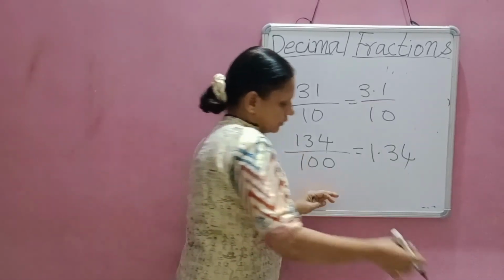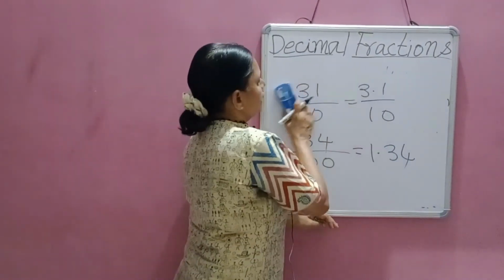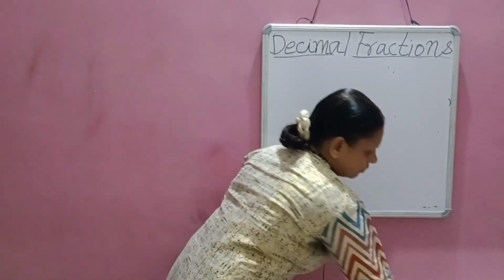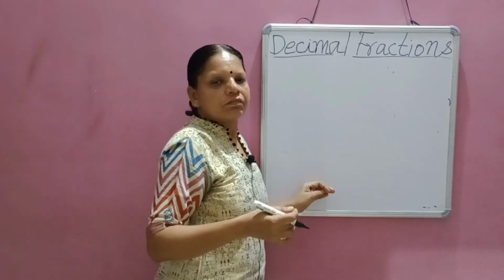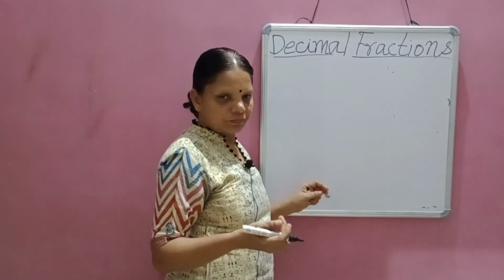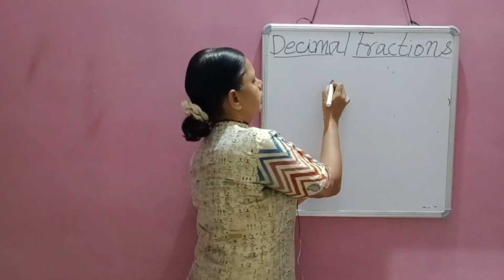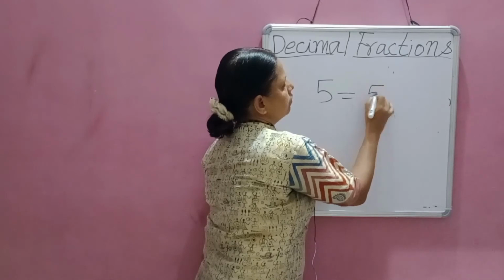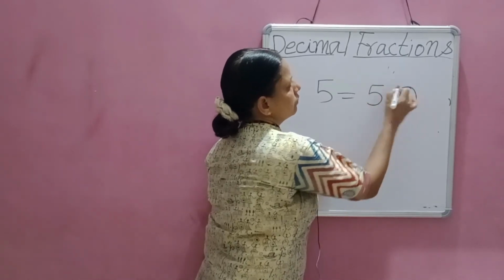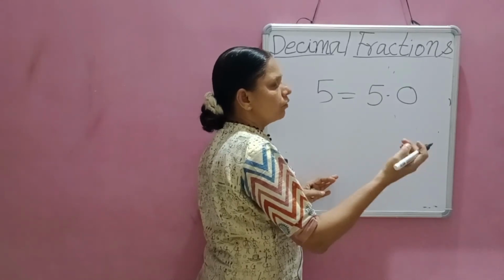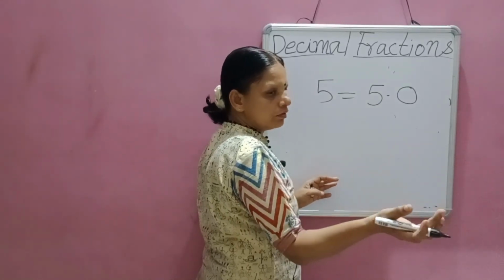Now, any whole number or any integer we can express using the decimal point. For example, 5 is equal to 5.0. After the decimal point, how many zeros can you add?